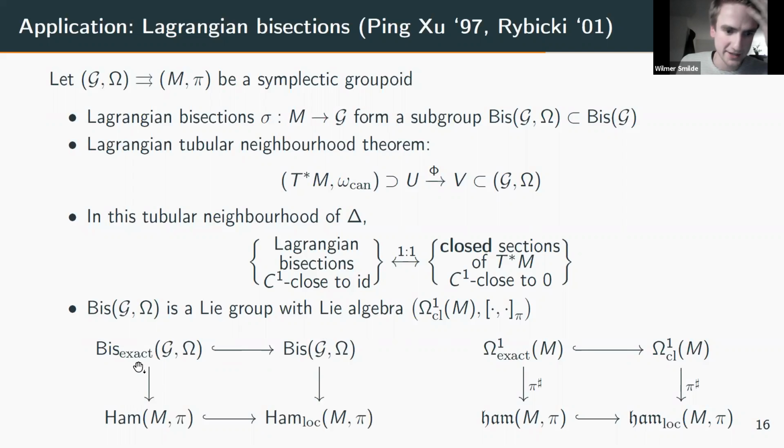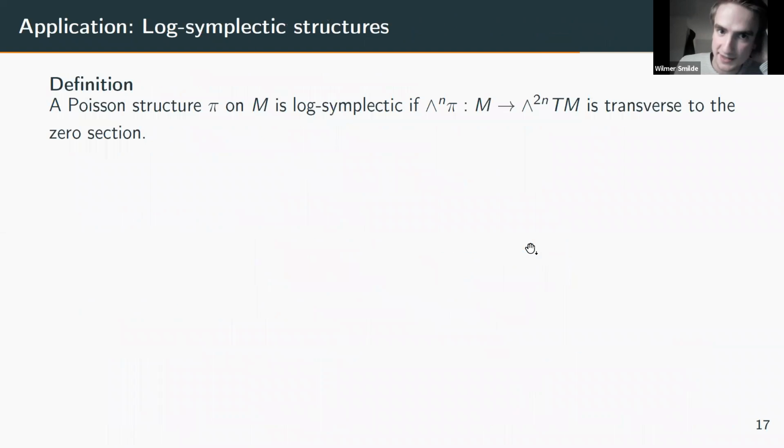And furthermore, the exact bisections cover the Hamiltonian group. On the infinitesimal level, it's given by the Lie algebra morphism sharp. So that's the infinitesimal picture. These Lagrangian bisections have been studied by Ping Xu some 20 years ago. And yeah, so let's look at the next application, to log-symplectic structures.